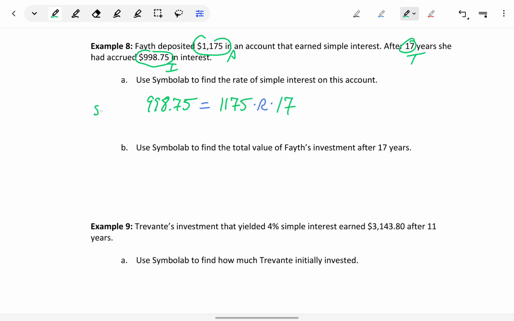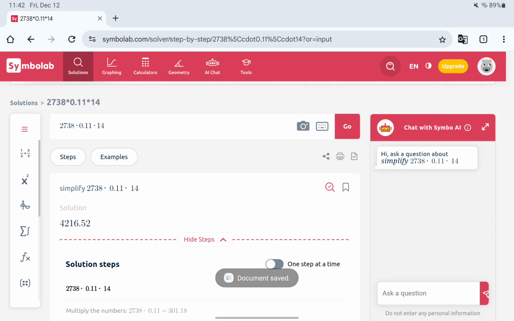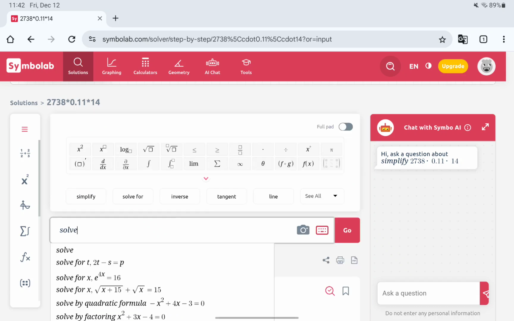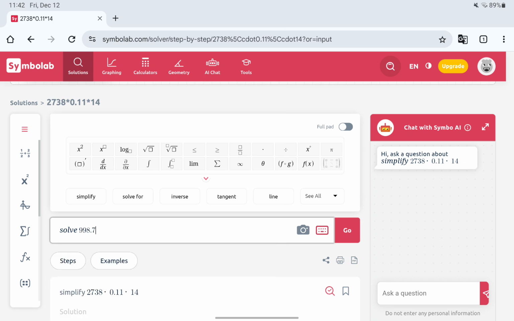So what we want to do is plug this equation into Symbolab and ask it to solve for R. So we'll start off with that solve command. We want to solve 998.75 is equal to 1,175 times R times 17.